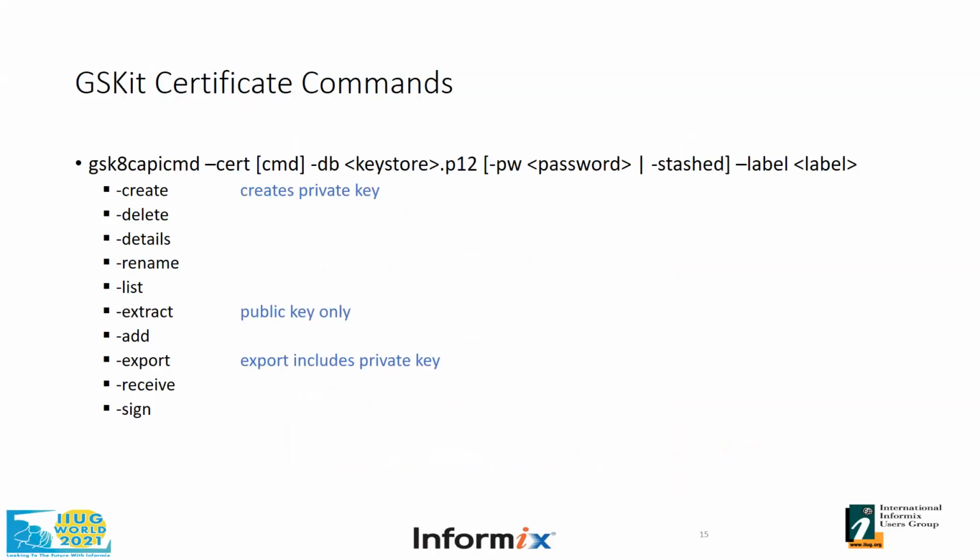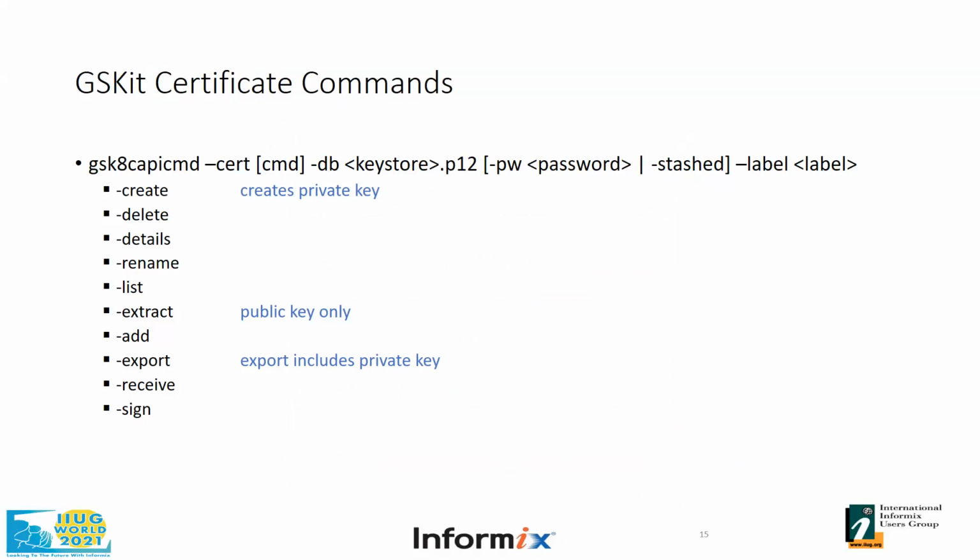So now that we've got the key store, we need to talk about certificates. So the GSKit command is cert followed by one of these commands. Again, the key store name that you're trying to put it into, either the password or saying that the password is stashed, and the label for the certificate you're trying to create.